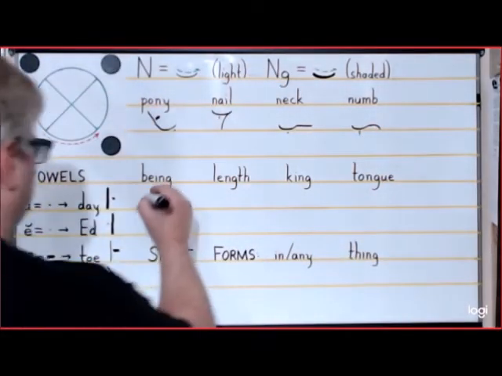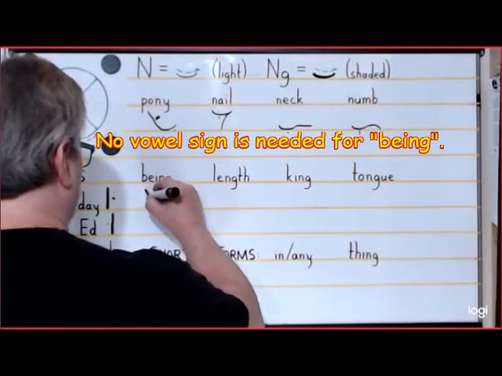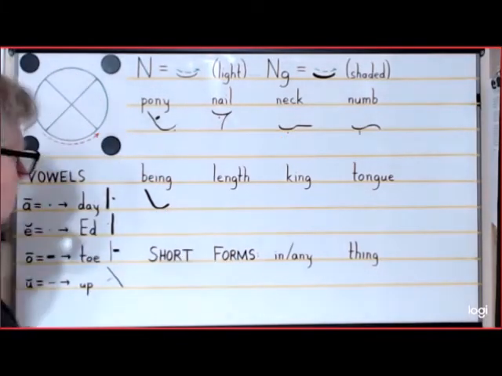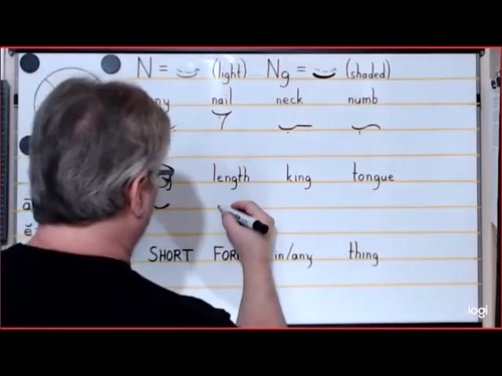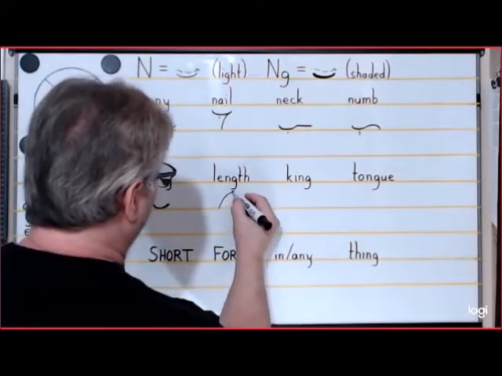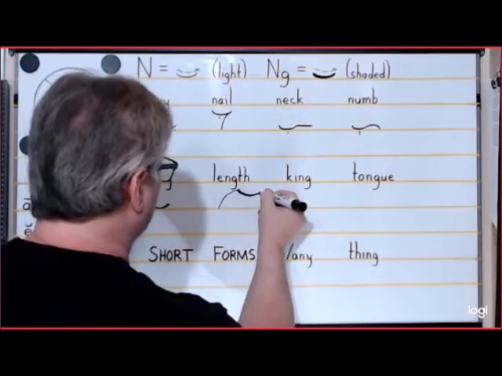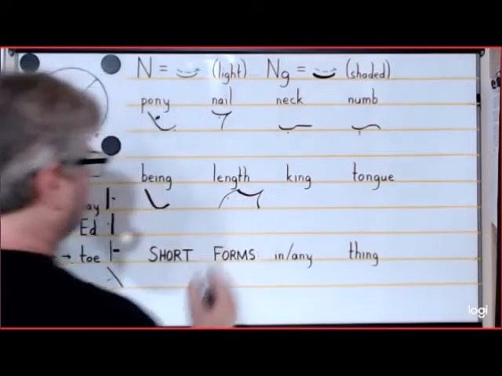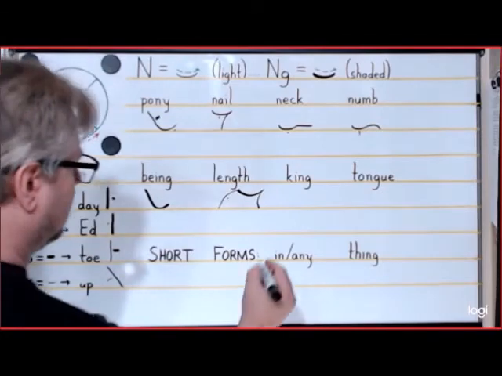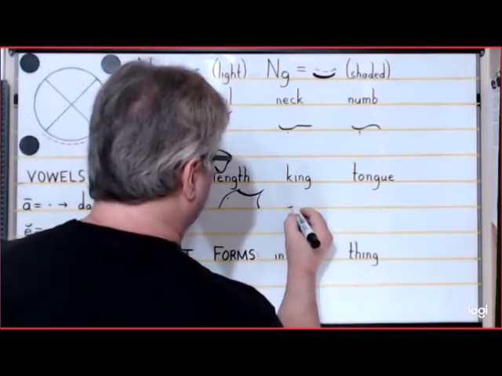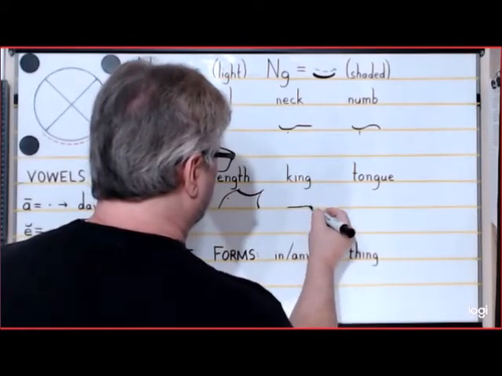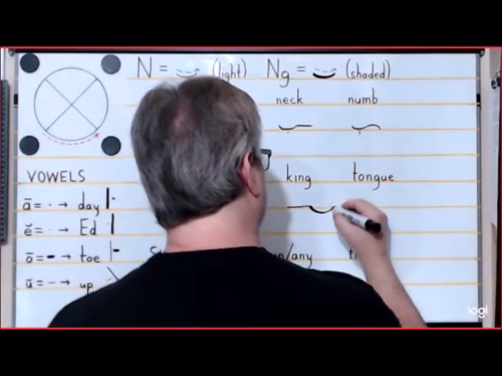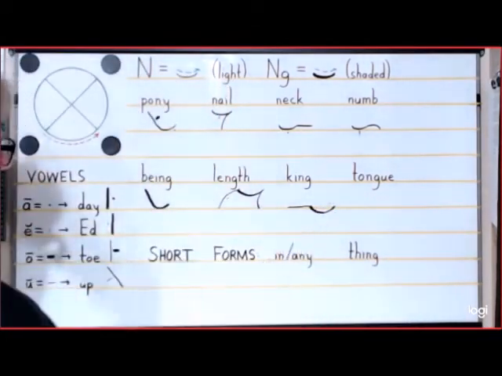The word being is B, blend in the NG. Length is an L, an NG, then a TH, and then a light dot. The word king is a K, an NG, with a light dot in the third position right before the NG stroke.